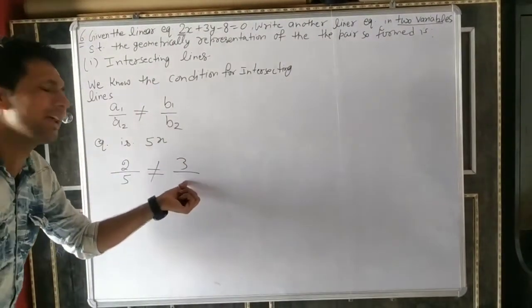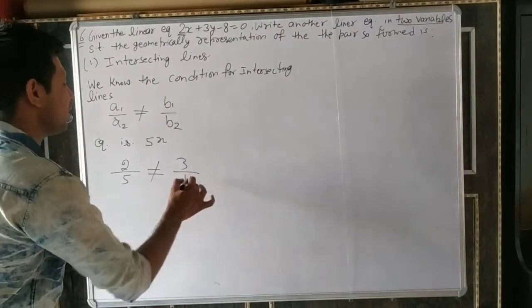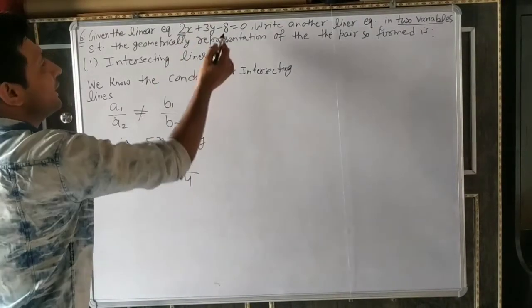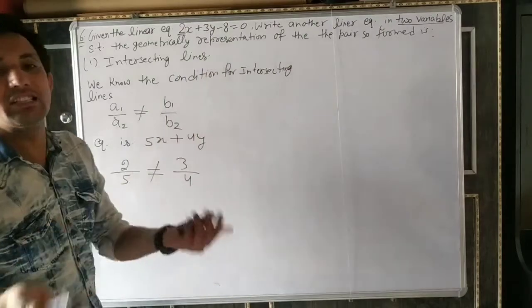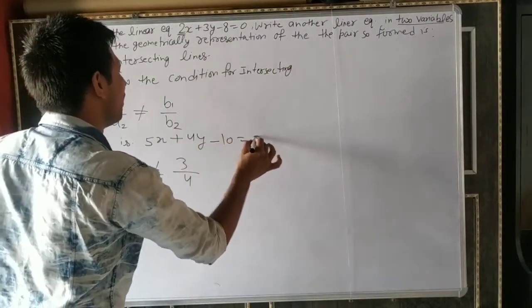Now you can write any number in place of B2, whatever you think. Suppose we take 4. So 5x plus 4y, and in place of C1 and C2 you can write any number, minus 10 equal to 0.